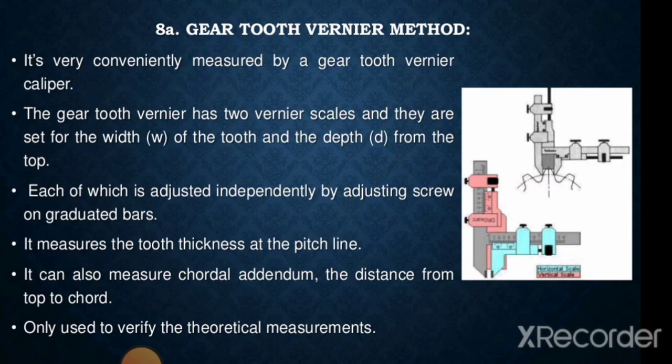The reading on the horizontal vernier scale shows the chordal thickness, and the vertical vernier scale shows the chordal addendum. After obtaining these values we compare them with our calculated values. This is all about the chordal thickness method.